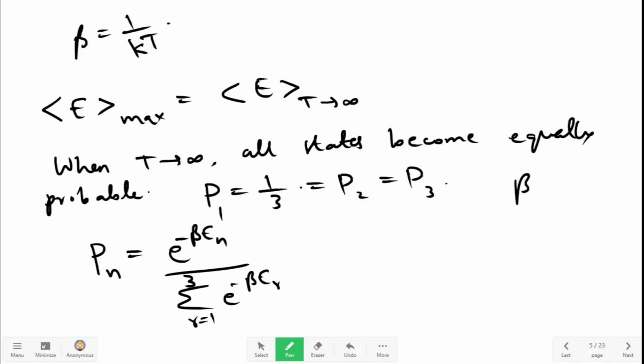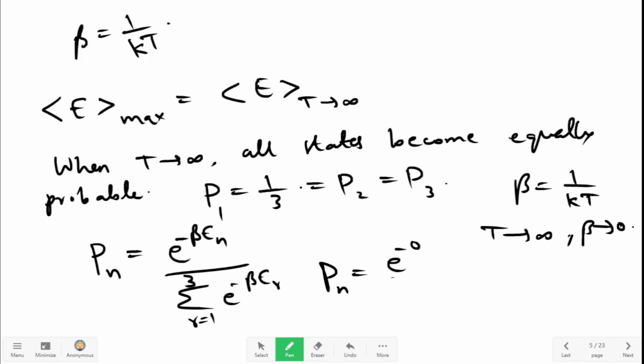Now beta is equal to 1 by kT, and T is tending to infinity. This implies beta is tending to 0. Therefore we have Pn equal to e raised to minus 0 divided by e raised to minus 0 plus e raised to minus 0 plus e raised to minus 0, which is equal to 1 by 3.